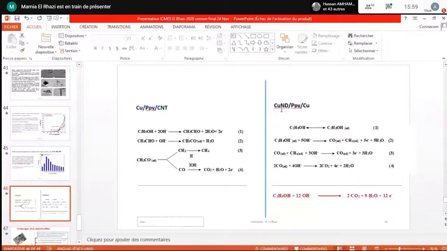In conclusion, we can say that our work reports on a low-cost catalyst based on copper particles supported on conducting polymers, which was synthesized on a carbon-based electrode using a very simple electrochemical process. The nanocomposites were evaluated as an electrochemical sensor and also as catalyst for direct alcohol fuel cell application.